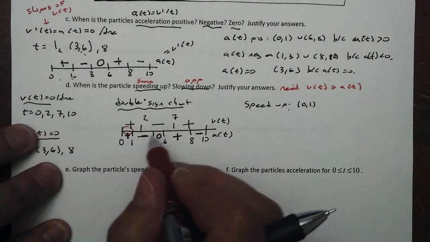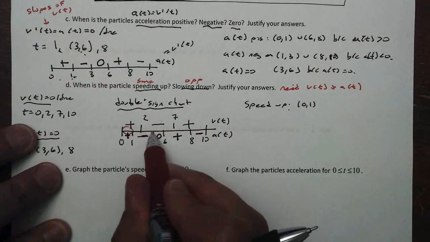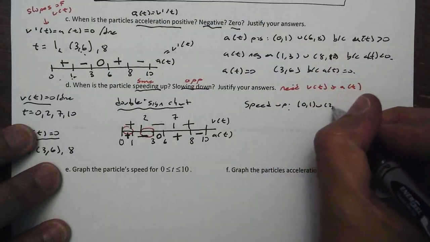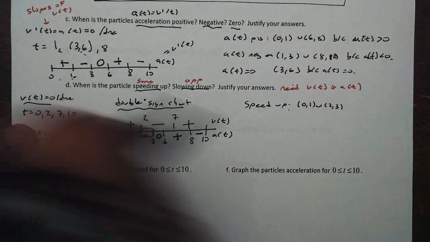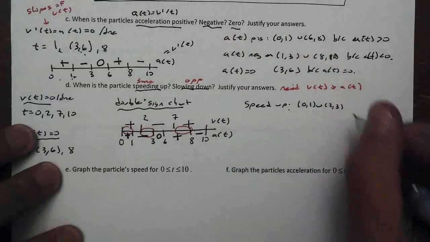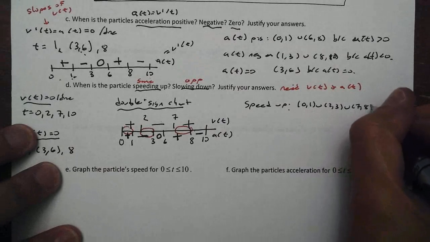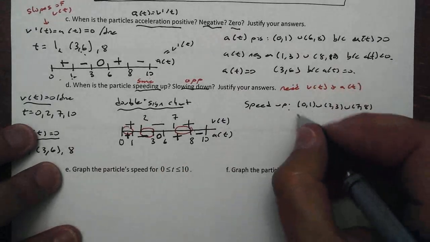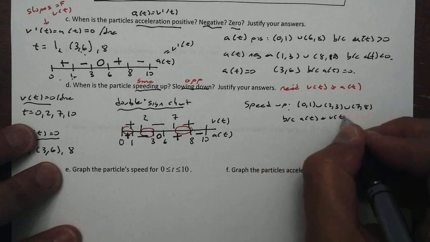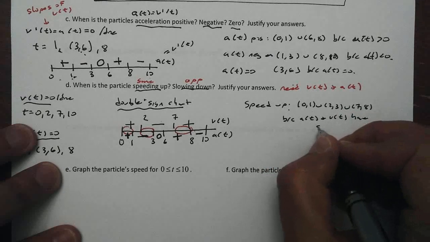Look again. Between 2 and 3, they're both negative. And is there one more? Yeah, it looks to be between 7 and 8. We're going to talk about the 3 to 6 in just a moment. And this is because acceleration and velocity have the same sign.